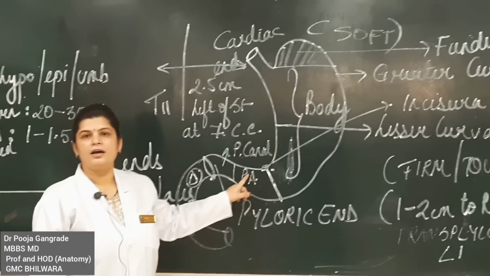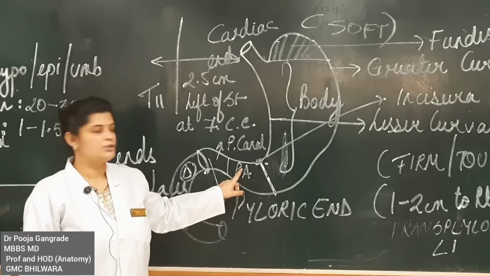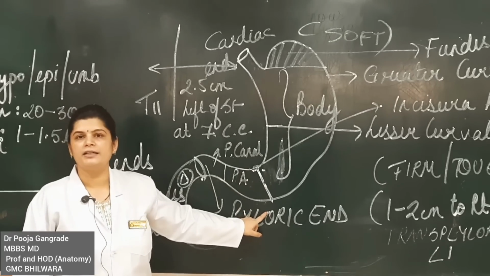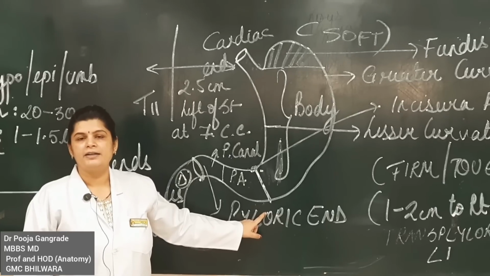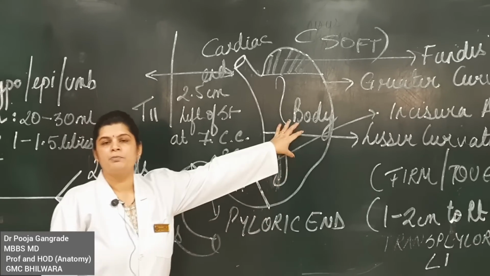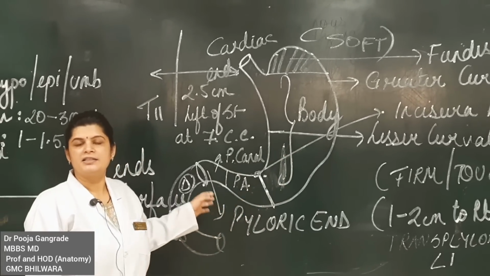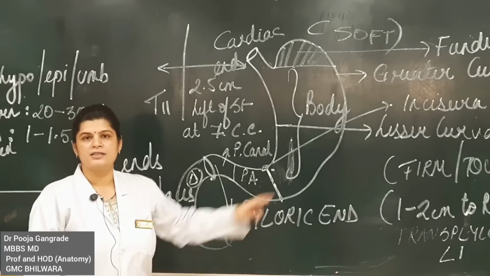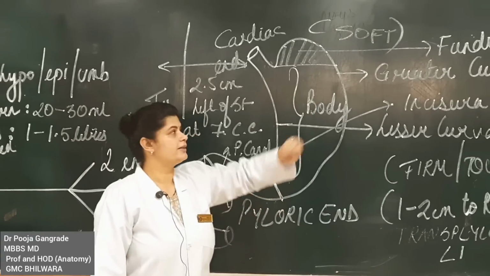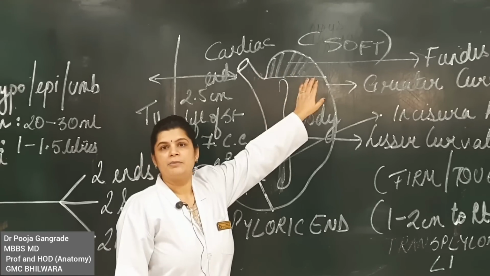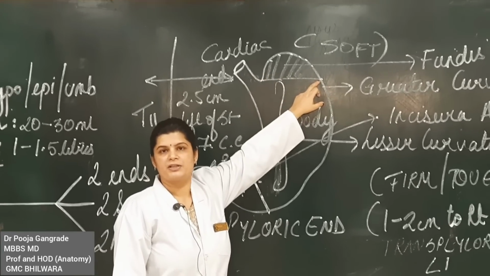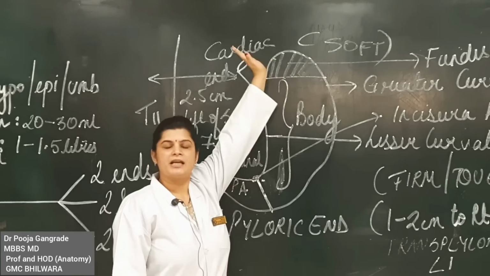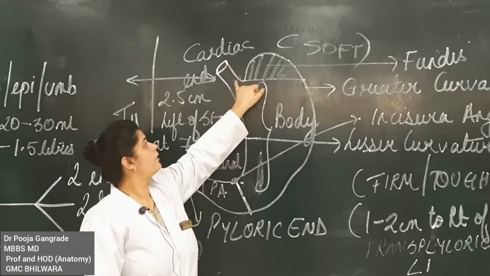If you draw a line from the incisura angularis towards the greater curvature of the stomach, you technically divide the stomach into two parts: the upper part, which is called the body, and the distal part, which is called the pylorus. The upper part is again divided by an imaginary line drawn from the cardiac notch to the greater curvature, a small space which is present above the cardiac opening.